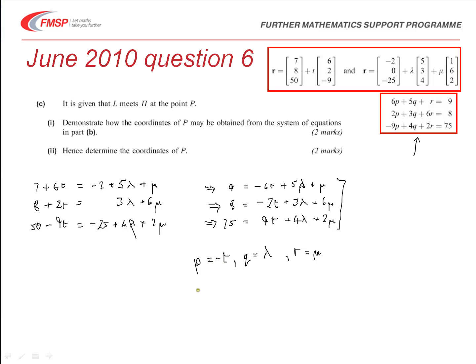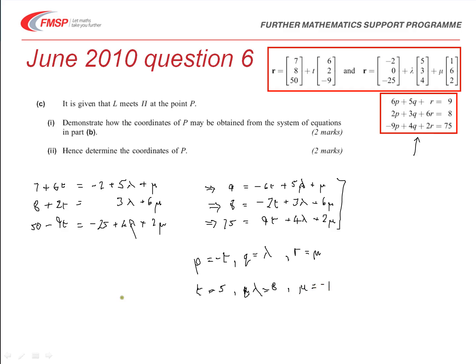So that tells us if P was negative 5, that T now is 5, Q is equal to lambda, so lambda is now 8, and R is equal to mu. Well, R was negative 1, so that means that mu is negative 1.